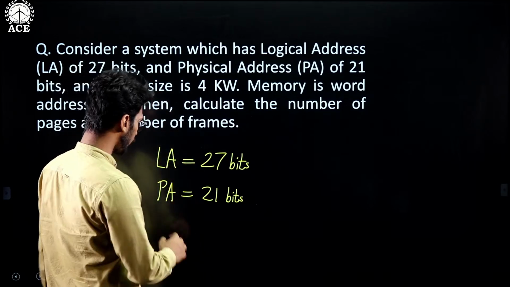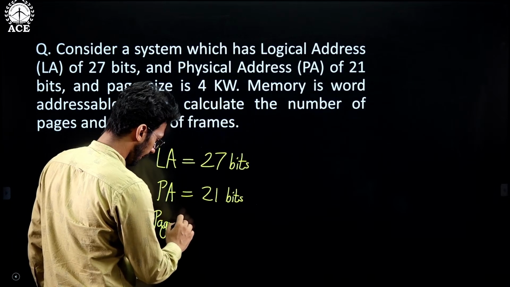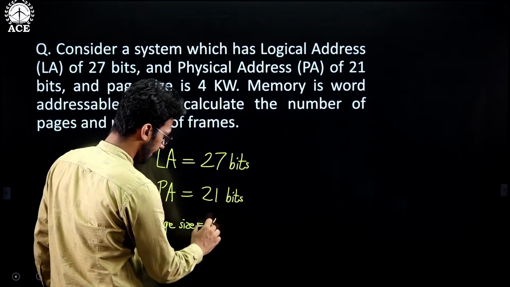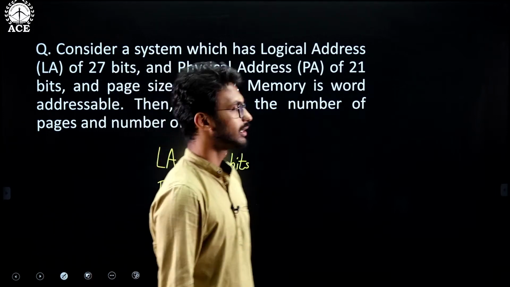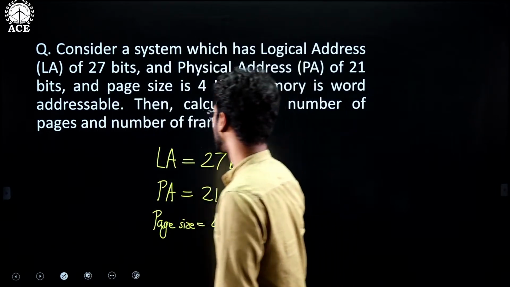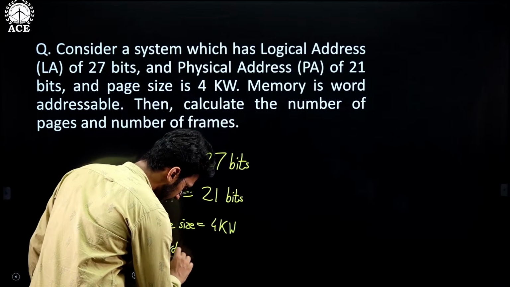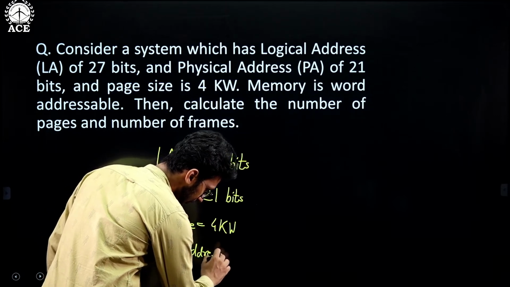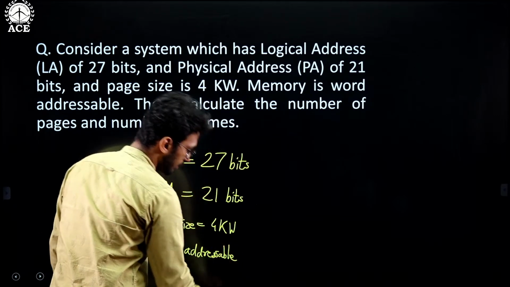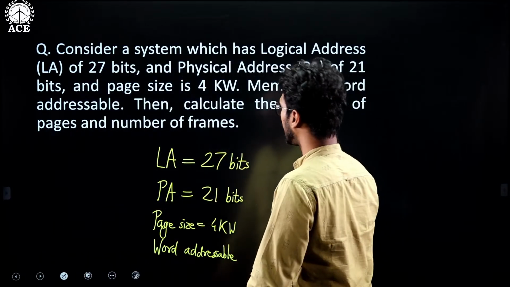Page size is given as 4 kiloword. Memory is word addressable, that is also given. Next, calculate the number of pages and the number of frames.